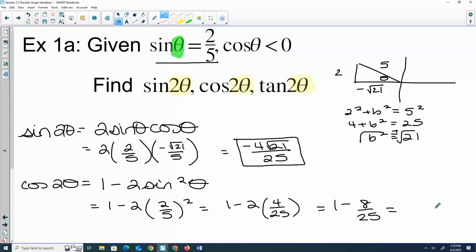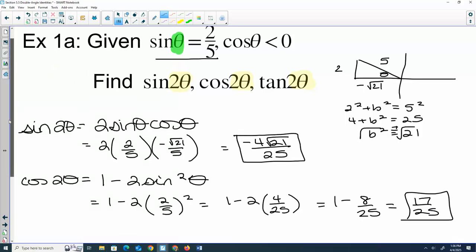Times 2 is 8/25. 1 minus 8/25 is 17/25. Is that one okay?